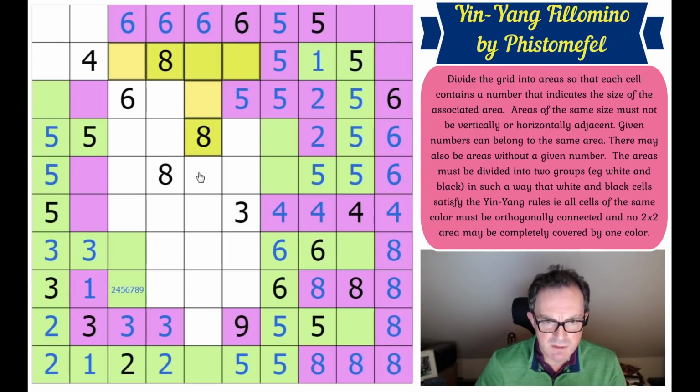I don't think it is possible, actually. I can't see how I can ever create 8 greens here without creating a 2 by 2. What is the next digit I could take that doesn't connect to this? This would create a 2 by 2. This would create a 2 by 2. Both of these connected to this, so this is all connected.